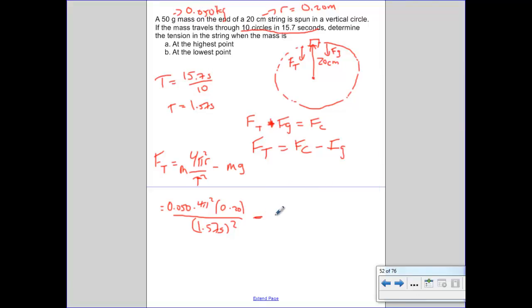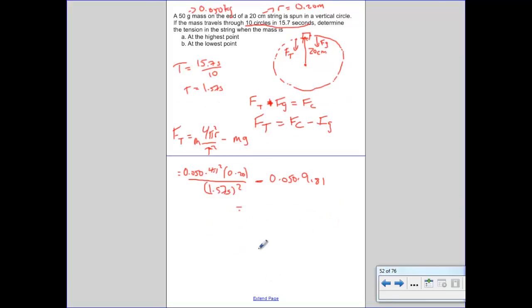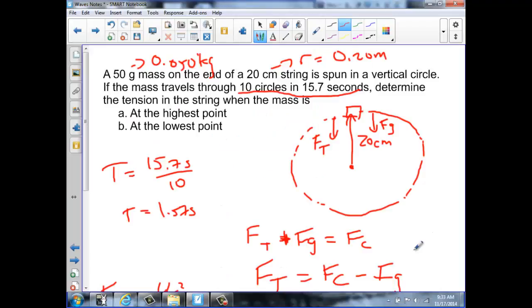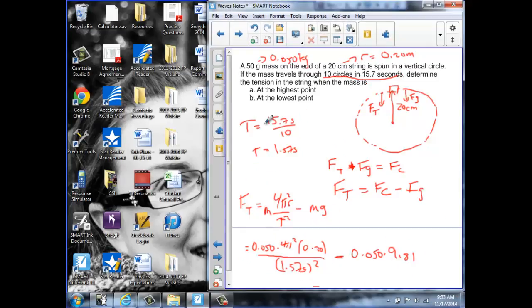At the top of the string, we have to subtract mass times gravity. So 0.050 times 9.81. Sorry, that's getting harder to see.